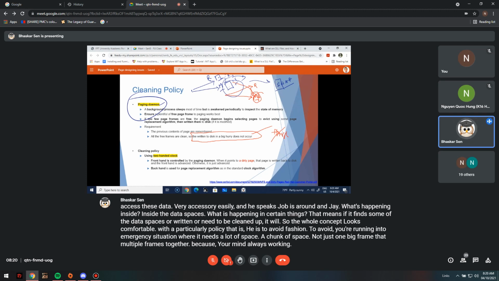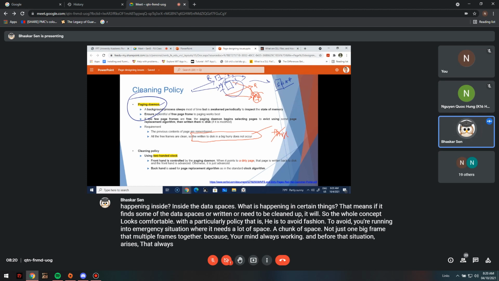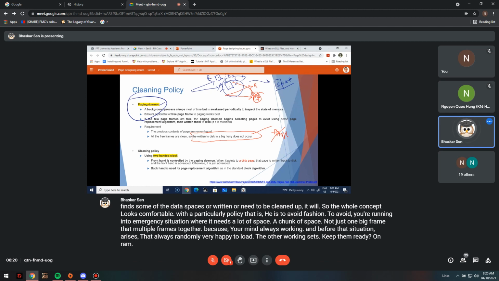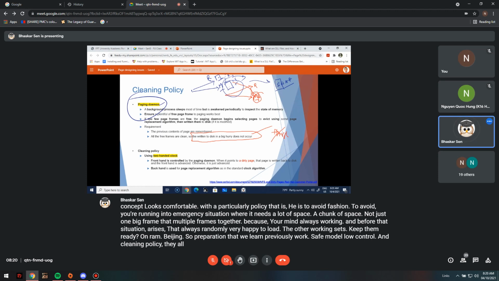Before that situation arises, the OS would rather be very happy to load the other working sets and keep them ready on RAM. That is pre-paging. So pre-paging that we learned previously, working set model, load control, and cleaning policy, they all go hand in hand.